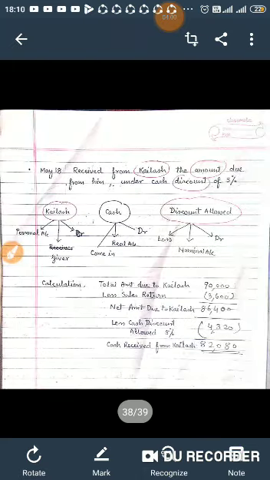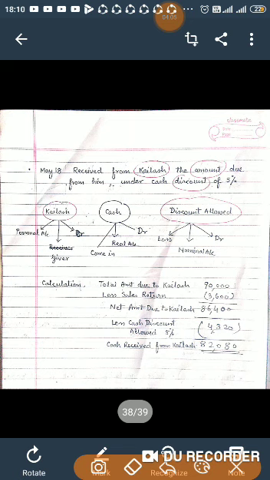Now the next transaction is on May 18. Received from Kailash the amount due from him under cash discount 5%. Now in this transaction there are three accounts involved. Kailash, from whom we are receiving cash.